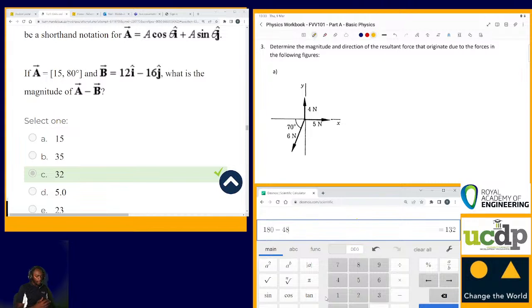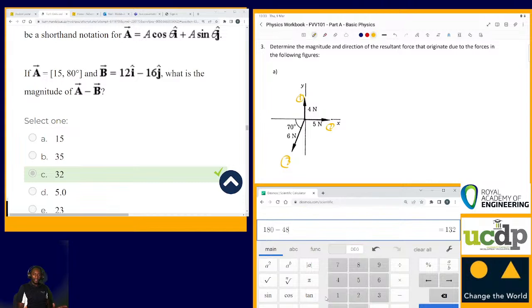All right, so which means we need the resultant in the x. So we've got 1, 2, 3 forces. To sum forces, we can only sum forces that are in the same direction.